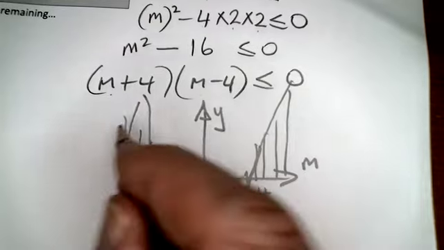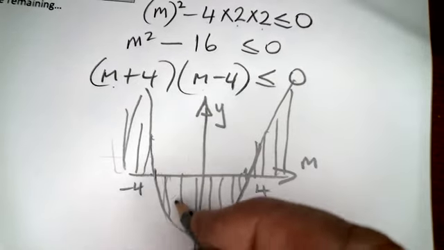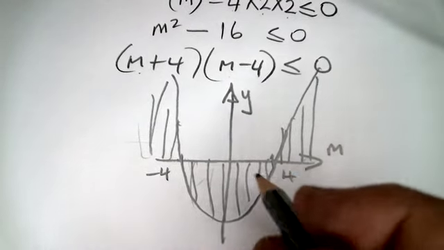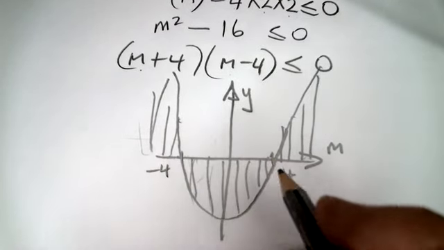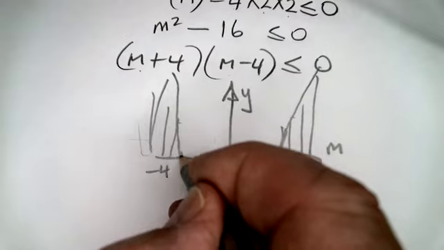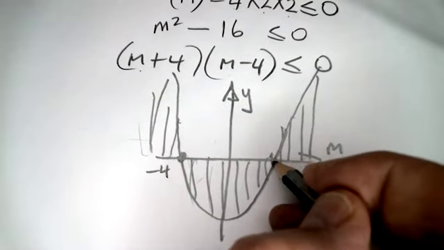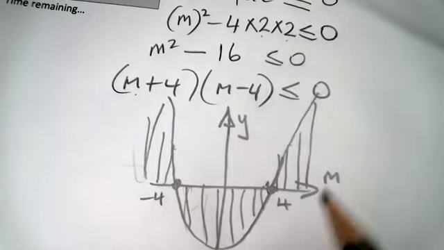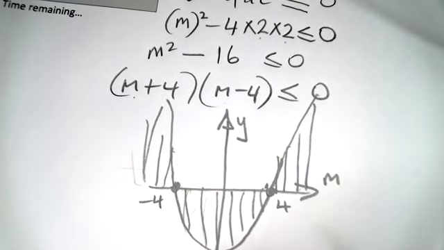These are the greater than 0 values, and these are the less than 0 values. So if we're looking at less than 0 values, what is the range of those? It's going to be from this point to this point, and we're going to use the less than or equal to signs to denote that range.